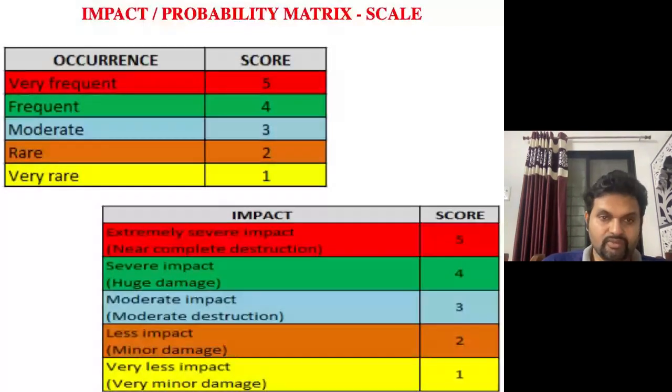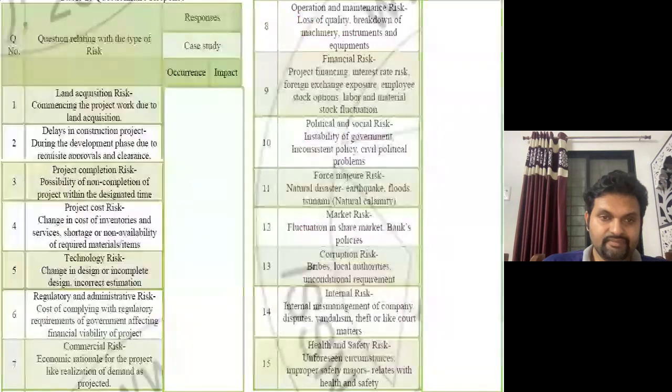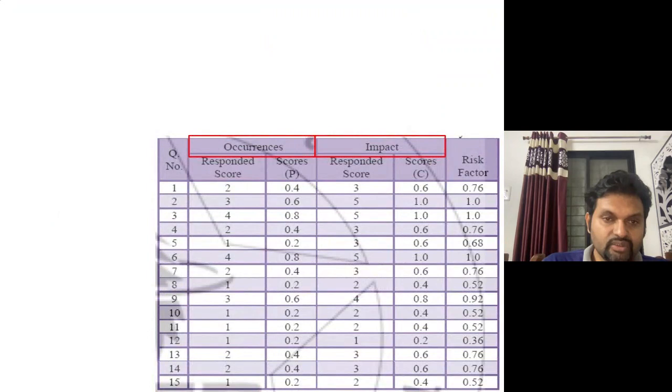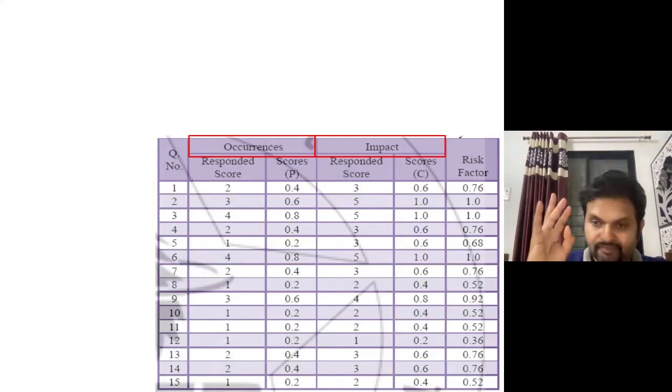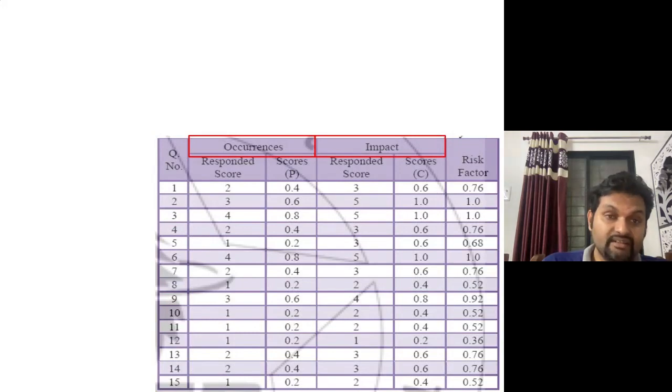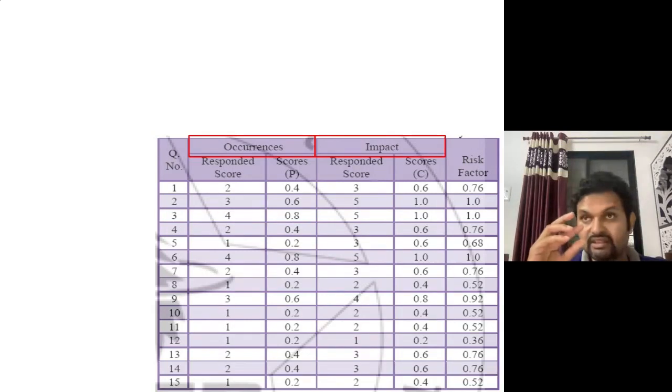Now just try to read that element, what exactly it says. Delay in the construction project during the development phase due to the requisite approval and clearance. As this is a residential project, try to understand it. The land belongs to them. Nothing particular is specified that they need to go for FAR or FSI increase or paid FSI, in which more time would be required for sanctioning. Does this project have any concern with environmental issues?